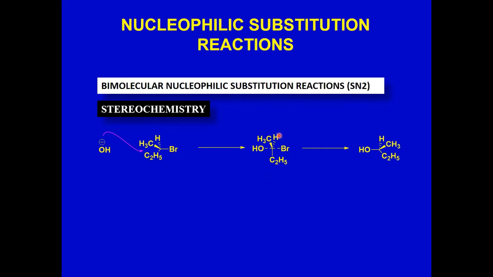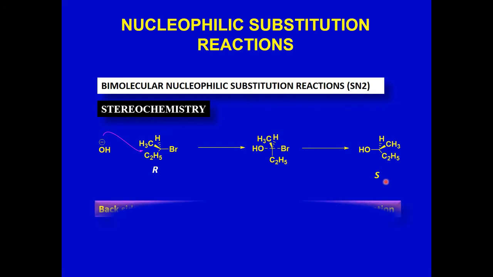And finally, when this bond between carbon and bromine breaks, we have the formation of this alcohol. And you can see here that this OH group is attached on the opposite side of the halogen. So if we start off with a molecule with R stereochemistry, we are ending up with a molecule that has an opposite absolute configuration, that is an S stereochemistry.